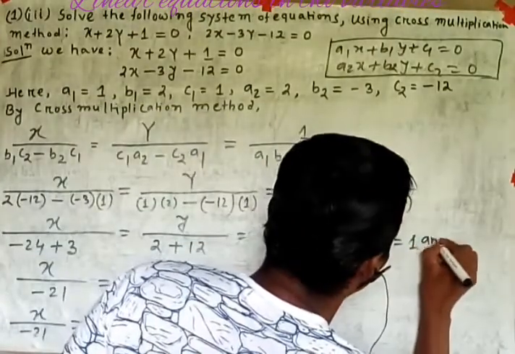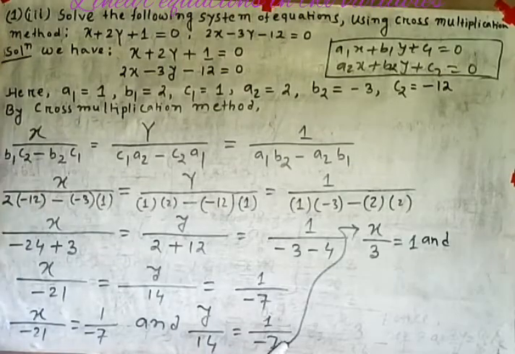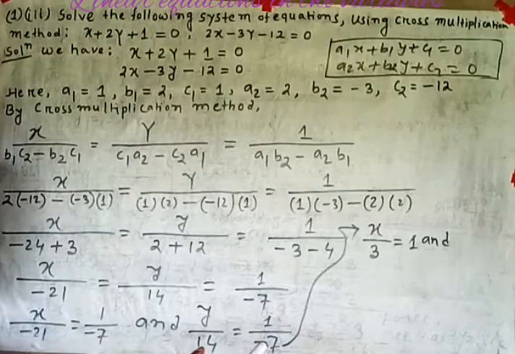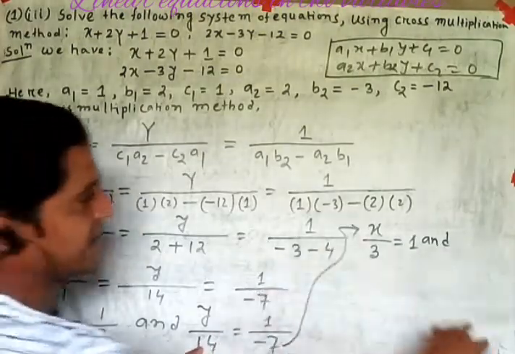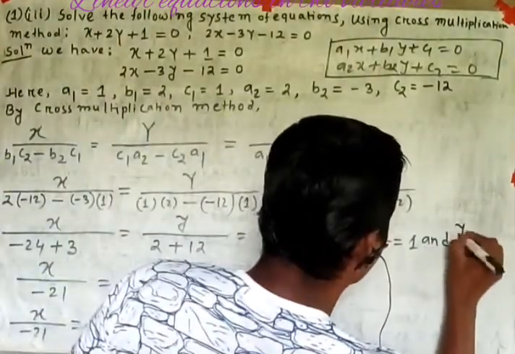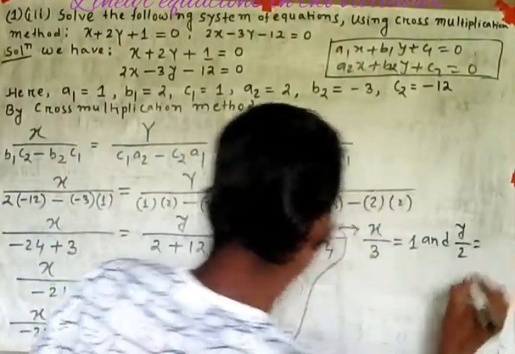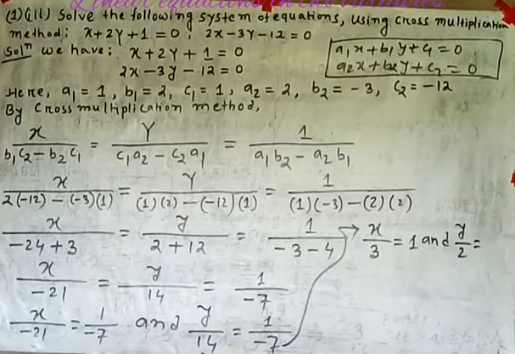And this part is also the same: 7 into 2, 7 twos are 14, but there is a minus symbol. So this minus we can write on the right side also, or left side. So we can write y divided by 2, since 14 divided by 7 gives 2.